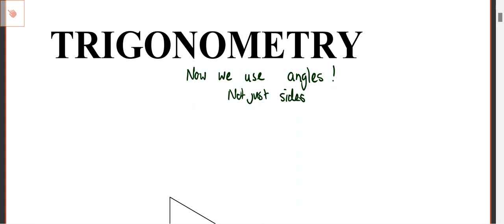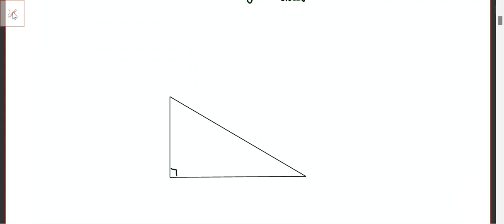So I'm just going to remind you of what the trigonometric ratios are. With trigonometry, what we do is if we know one of the angles. Now, do you recognise that symbol, what it's called?